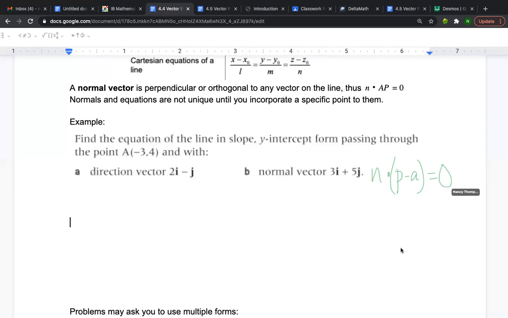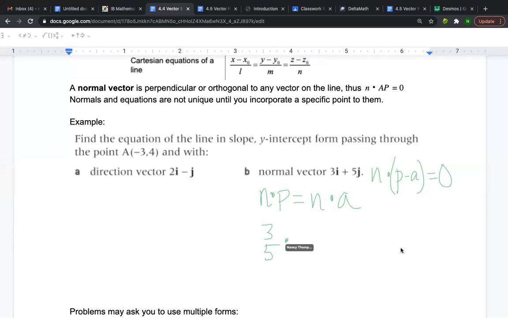Now look back at your notes for the properties of a dot product, and then I can say that n dot p is equal to n dot a. I can distribute the n dot and then move the -1 to the other side to make it positive. So I have this. So now I get to just set it up. So the normal vector is 3, 5.